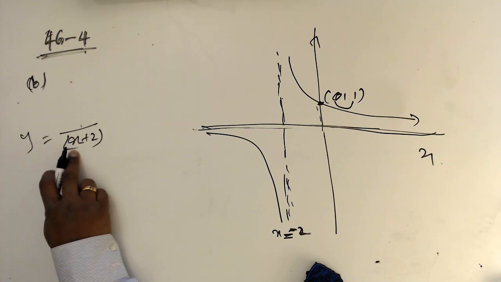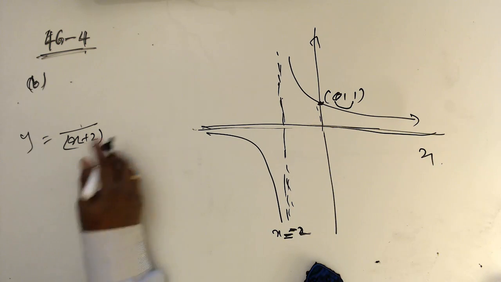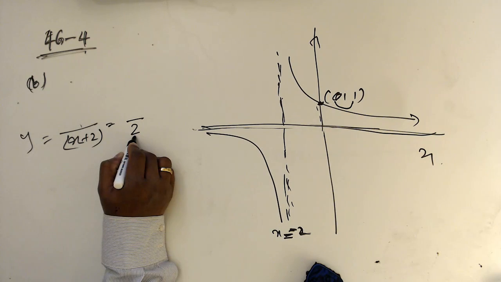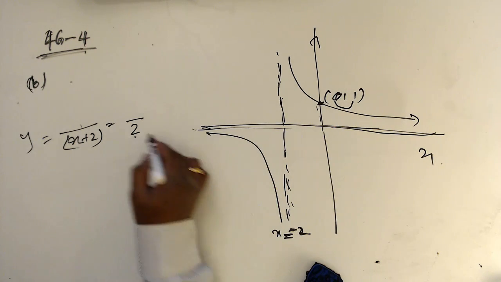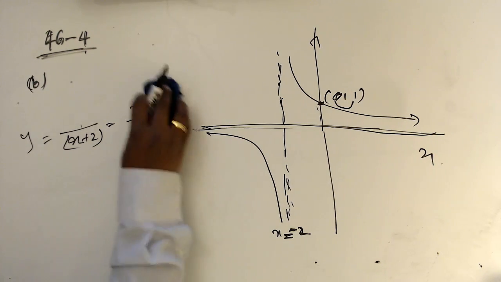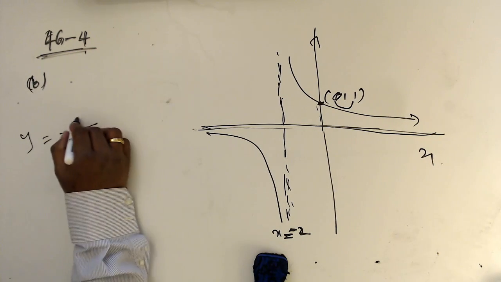When x is 0, the denominator is 2. Then I want this to be 1, so I have to put 2 here. 2 divided by 2 is 1. Okay, let's see.